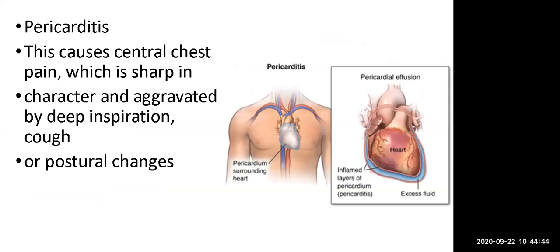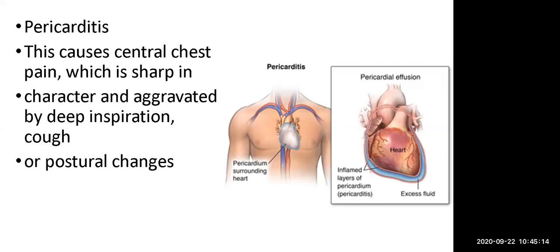Okay, this is pericarditis. Pericarditis is also a disease of the heart, when inflammation affects the layers of the pericardium. I hope you remember the pericardium. This is the outer sac of the heart, where our heart is located.